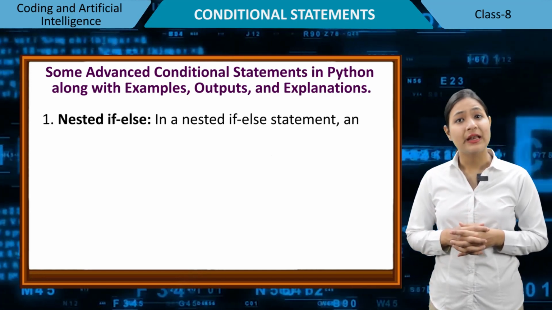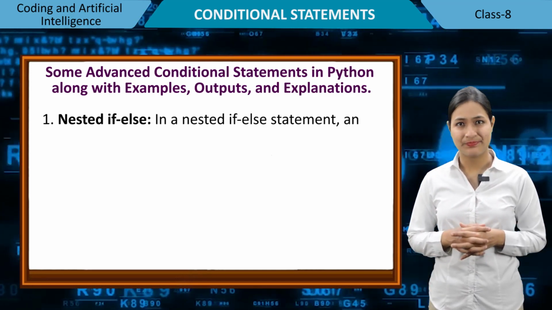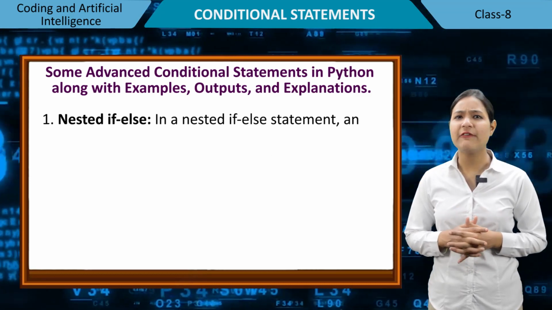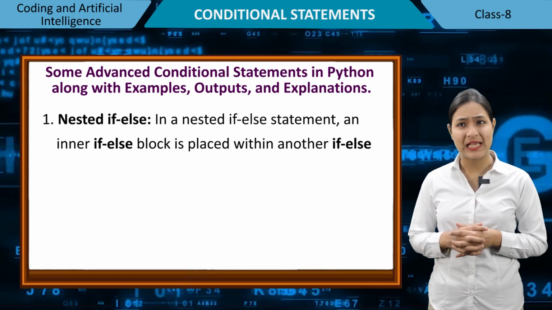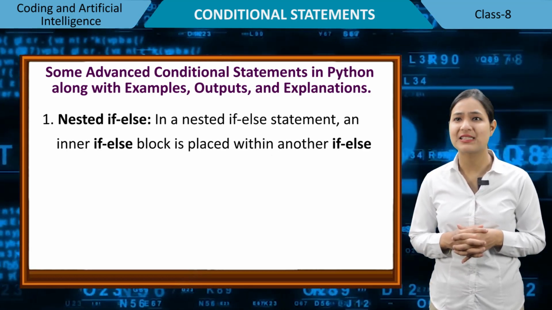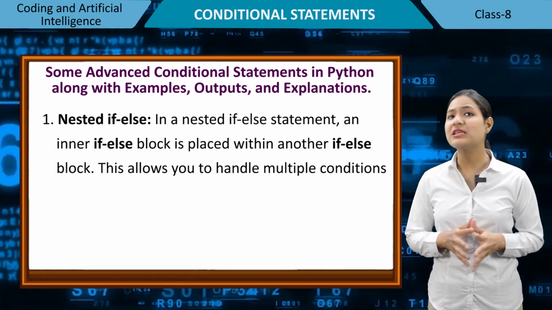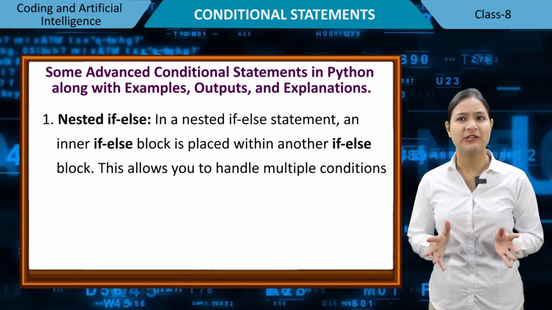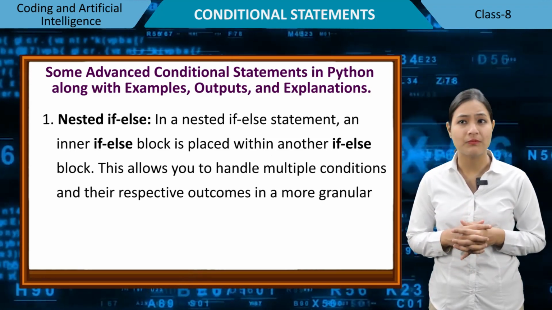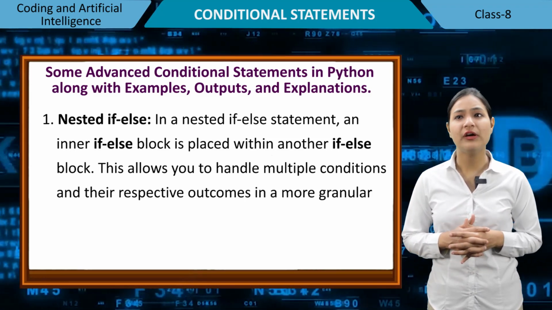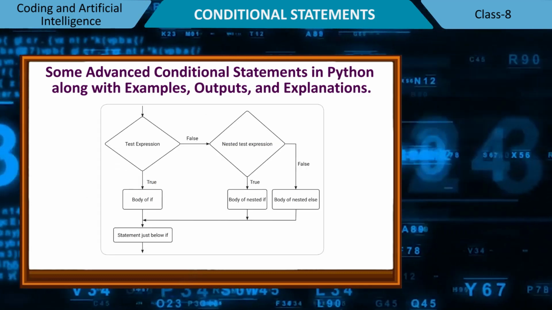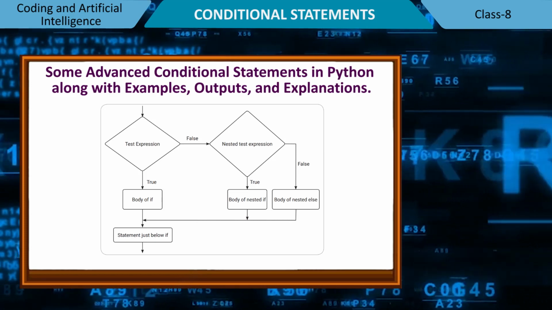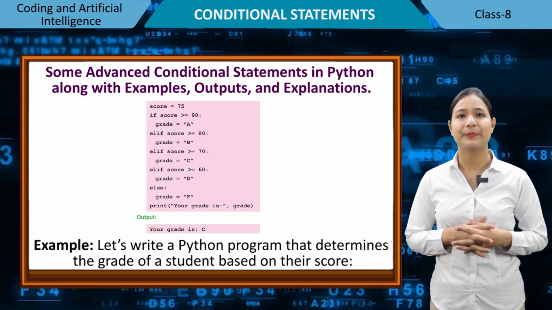First, nested if-else. In a nested if-else statement, an inner if-else block is placed within another if-else block. This allows you to handle multiple conditions and their respective outcomes in a more granular manner. Example.